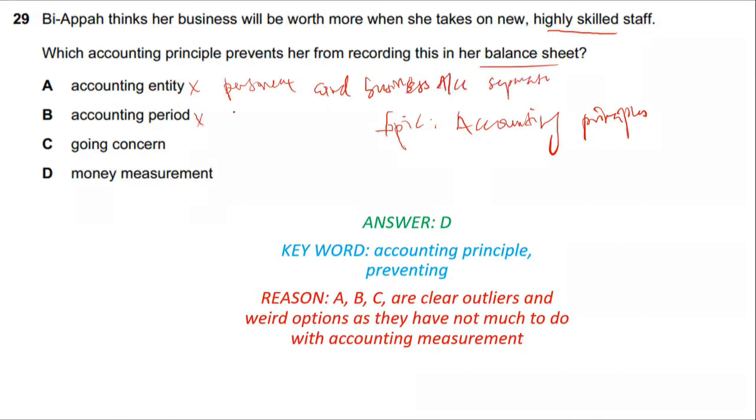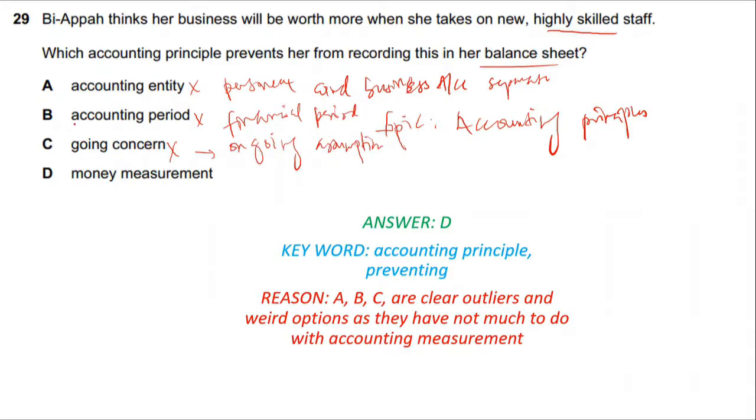Accounting period, no, this is about financial period. Option C, going concern, no, this has to do with ongoing operations, the ongoing assumption of business.